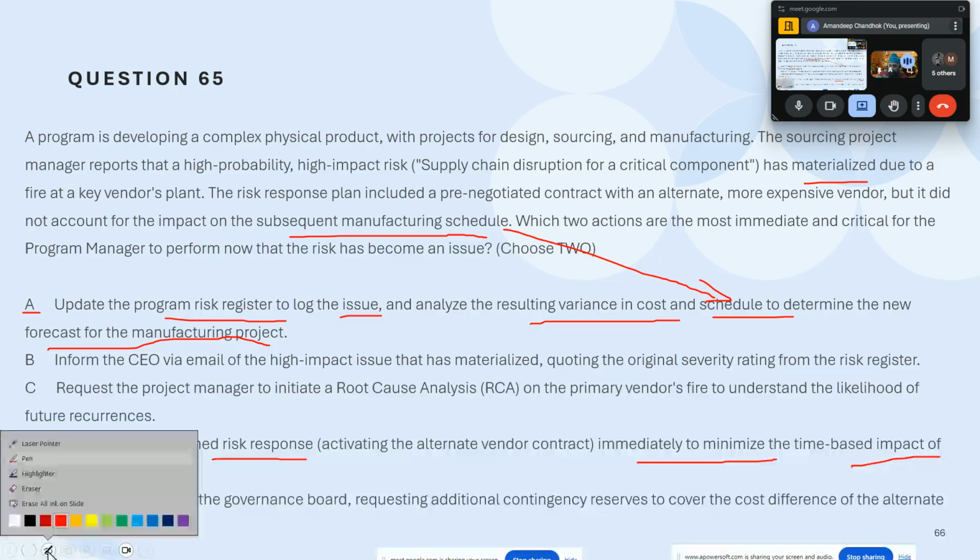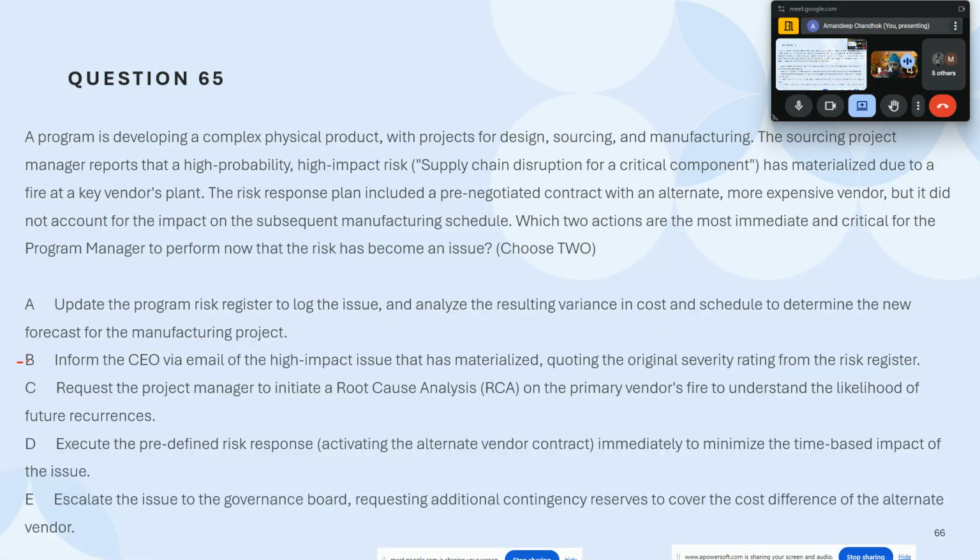The rest of them, when you really look into it: inform CEO via email. Okay, fine, if there is something around communication we would do that, but that's not necessarily the case. Request the project manager to do RCA. Once again, the moment you see RCA, it doesn't mean that's the correct answer, and luckily none of you chose it. You would identify why the vendor had a fire at his plant, an absolute waste of time.